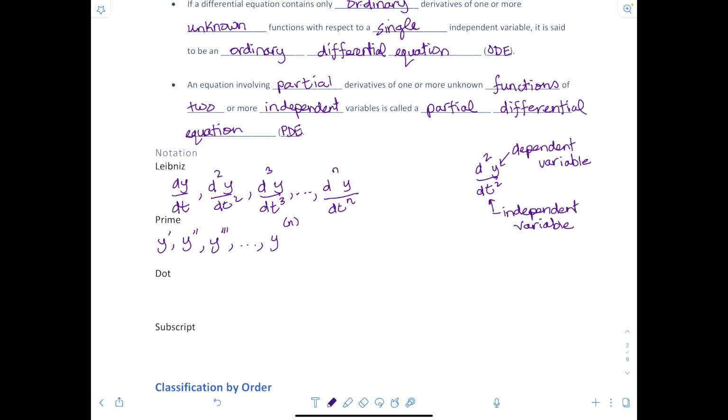All right, now there's dot notation that's only used when you're differentiating with respect to time.